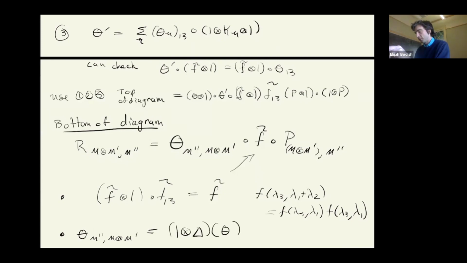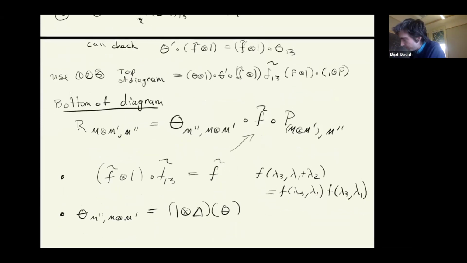Θ's acting on the first and on the tensor product of the second and third. And so I use this co-multiplication to get that to work right. And you need to check that this is Θ ⊗ 1 composed with Θ', which is what I defined above. So this actually does take an argument.